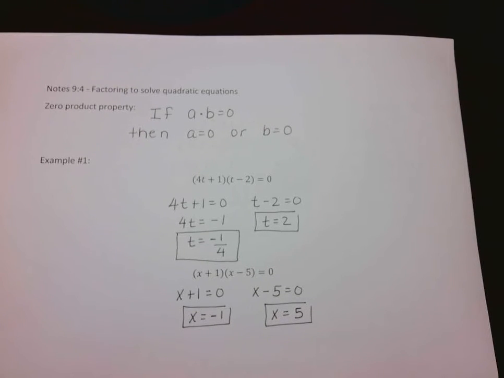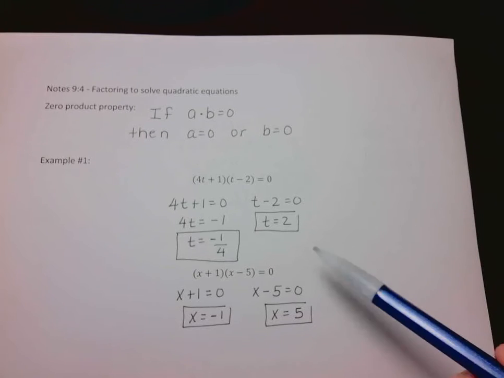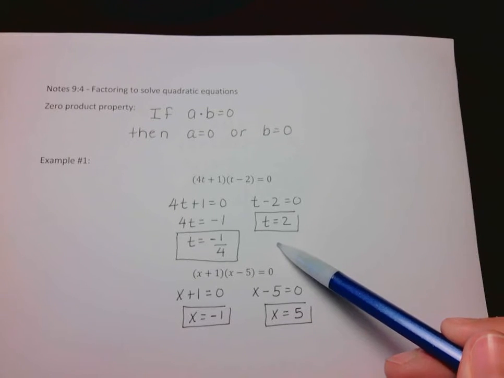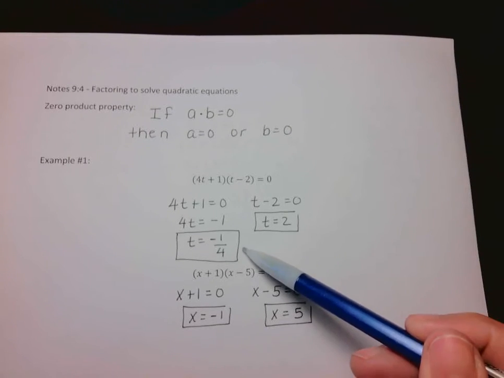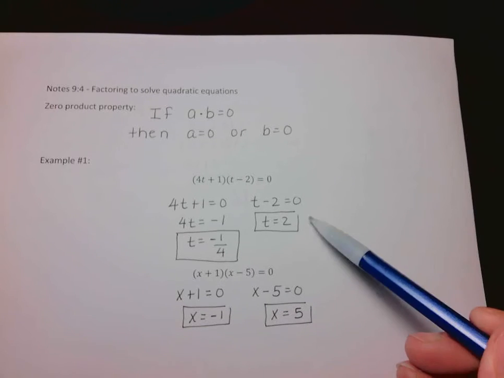And when t is 2, this equation is also equal to 0. So those are your two solutions. And then what does that mean on a graph? This parabola is going to cross over the x-axis at negative 1/4 and at 2.